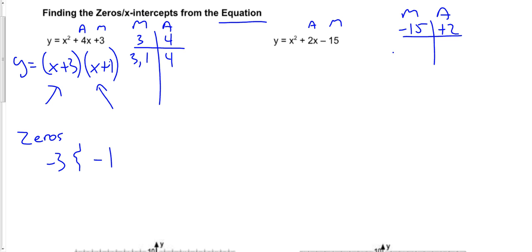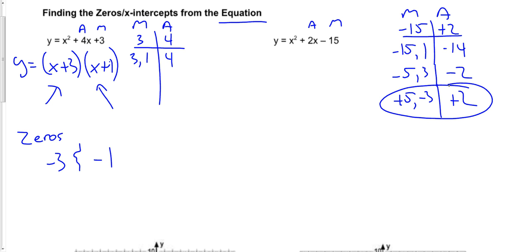Negative 15 and positive 1 is going to give me negative 14. Negative 5 and positive 3 are going to give me negative 2. But positive 5 and negative 3, if I add those two together, I get positive 2.